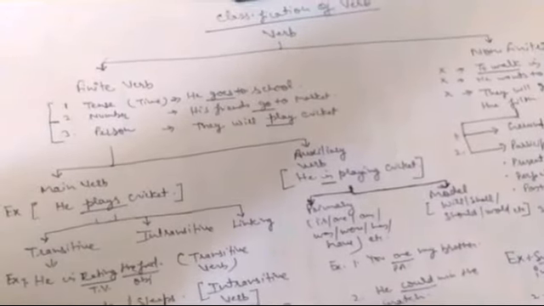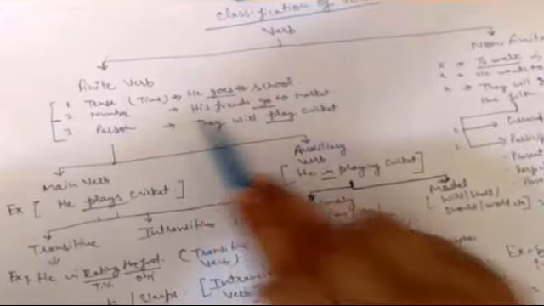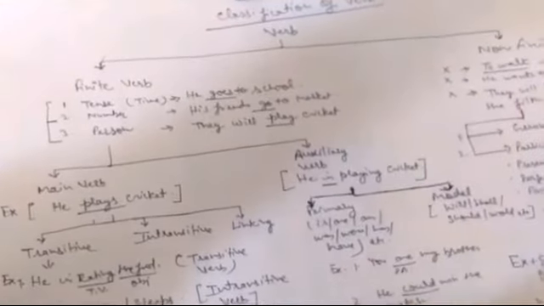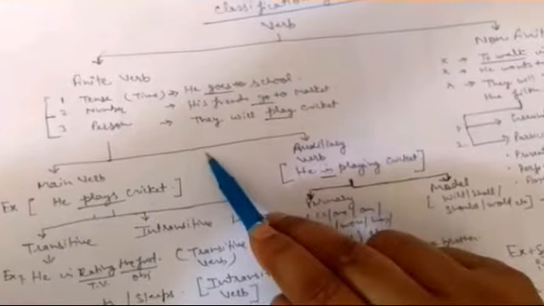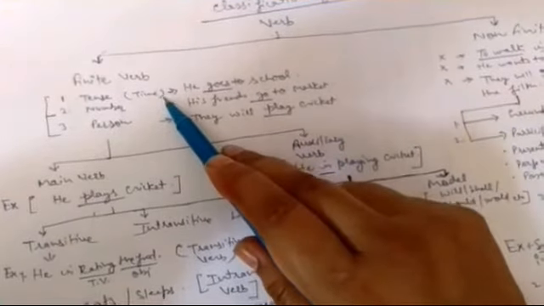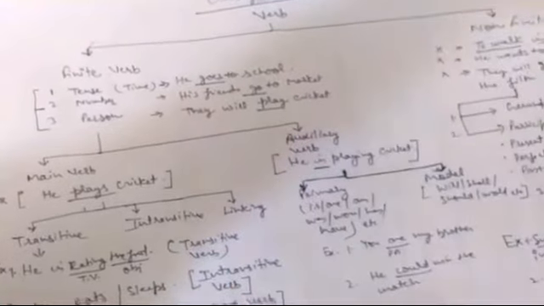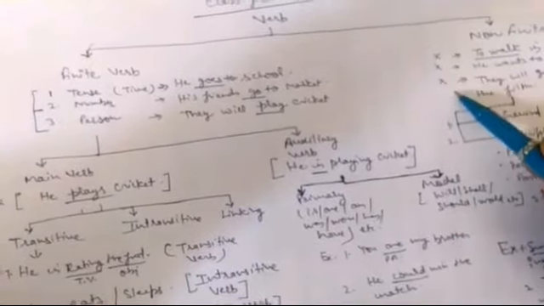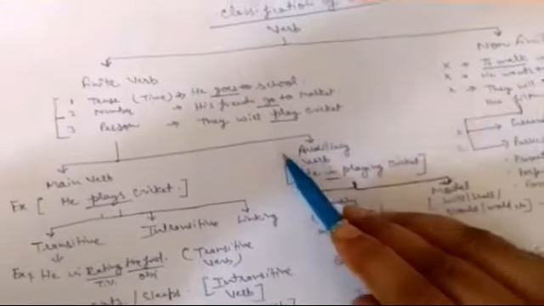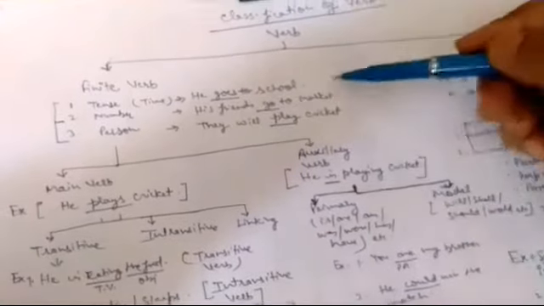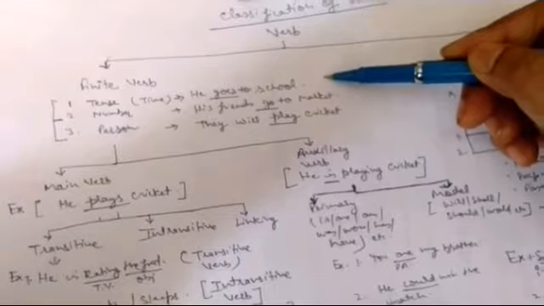So how can we differentiate finite and non-finite verb? Finite verb indicates tense, number and person, which non-finite does not indicate. Okay, so how can we prove that? You can see the example.